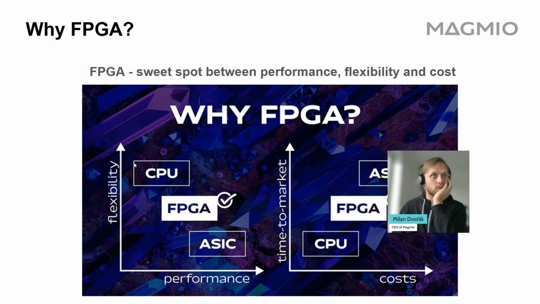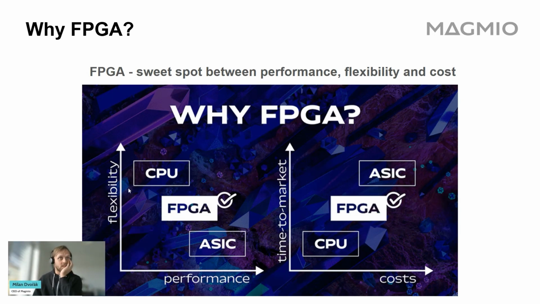So when we compare to a CPU, a standard processor, the FPGA is faster, but you keep some flexibility. You can still reprogram it once the FPGA is deployed. If you compare it to an ASIC, which is custom hardware, it's slightly faster, but you can't reprogram it once the ASIC is done. So the functionality is fixed, and you wouldn't be able to change your trading strategy, for instance. So the FPGA is right in the middle.